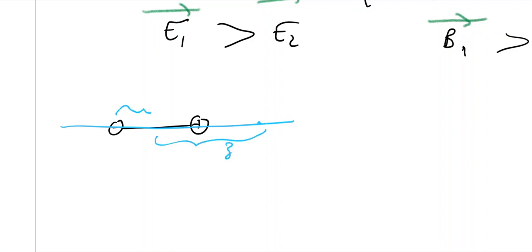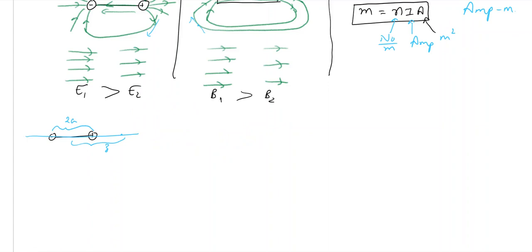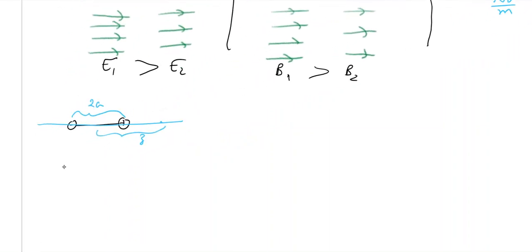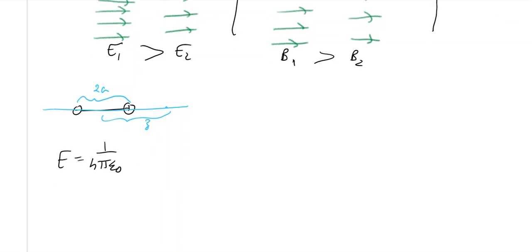So let the length be 2a. Then we know that the electric field on the axis can be given as 1 by 4 pi epsilon 0 p into 2z upon z square minus a square whole square.